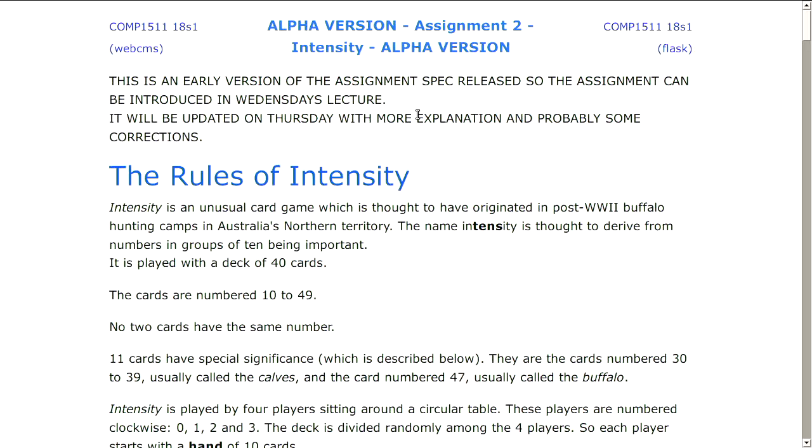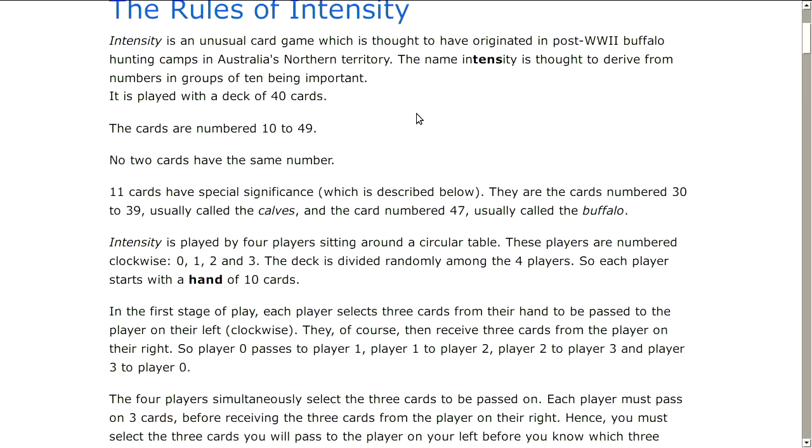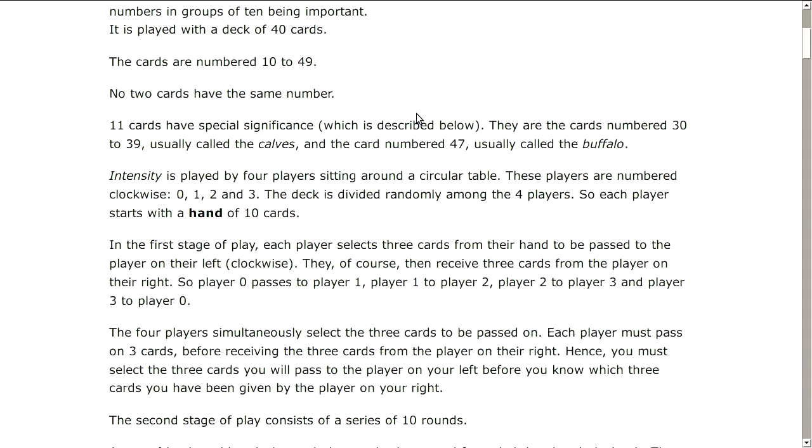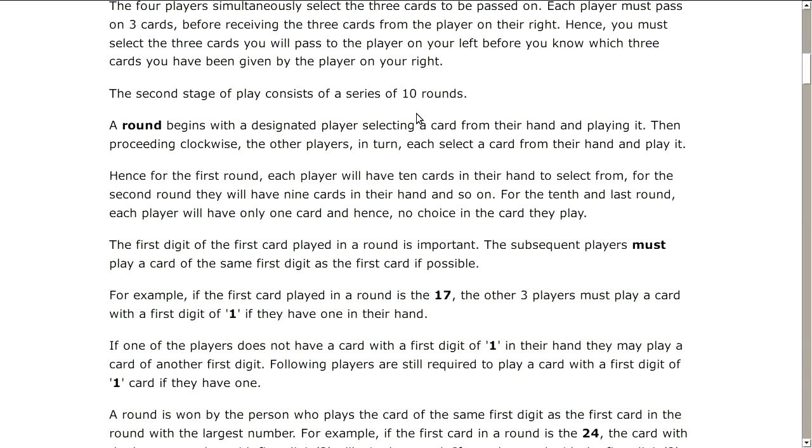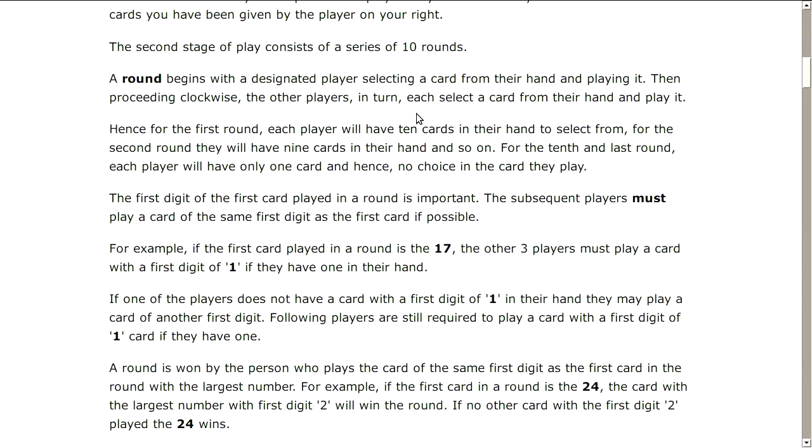There are 4 players. You will have a hand of 10 cards. You will swap, firstly, 3 cards from your hand to the next player. And then the game proceeds in 10 rounds, which go in the form of, I pick a card from my hand, or one of the other players picks a card, and then play proceeds.